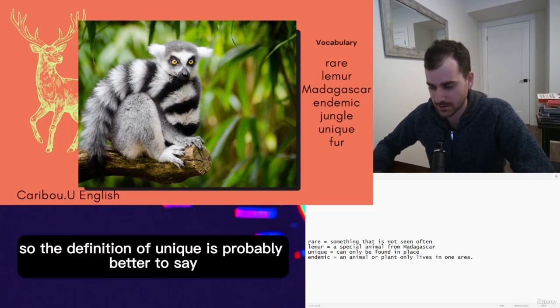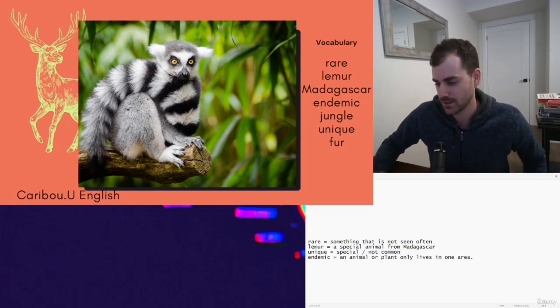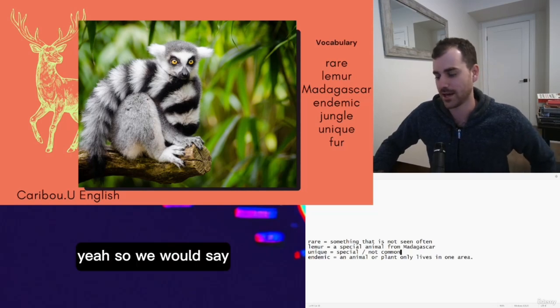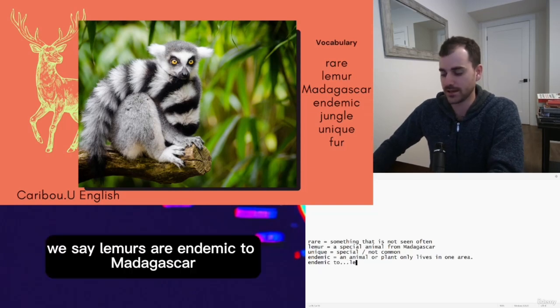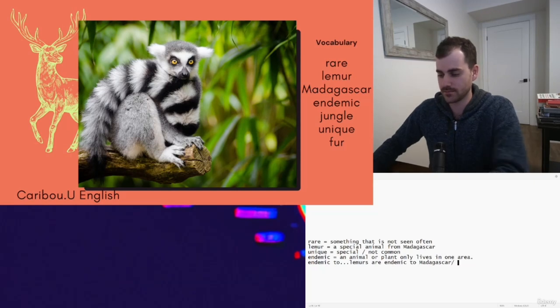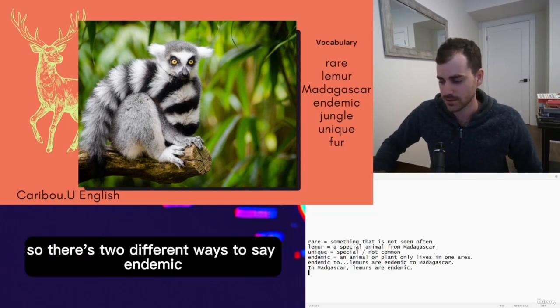So the definition of unique is probably better to say like special or not common. And endemic, we would say it's usually paired with "endemic to." We say lemurs are endemic to Madagascar. You could also say in Madagascar, lemurs are endemic. So there's two different ways to say endemic.